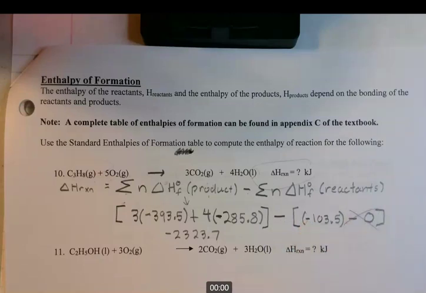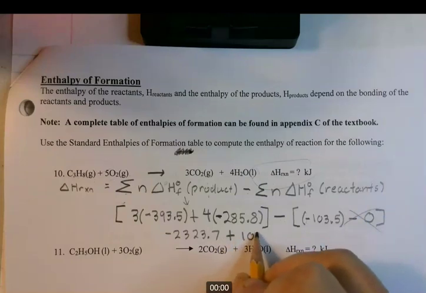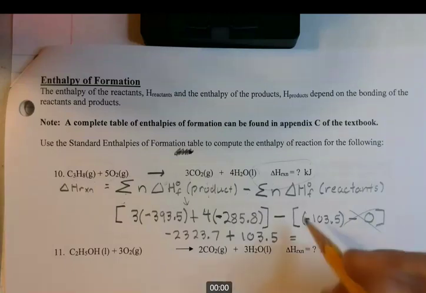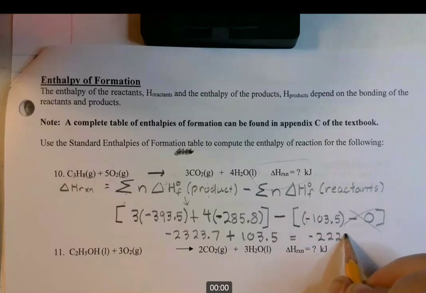You can ignore this, of course. And so that's going to be plus 103.5. And if you add that on, you get negative 2220.2 kilojoules.